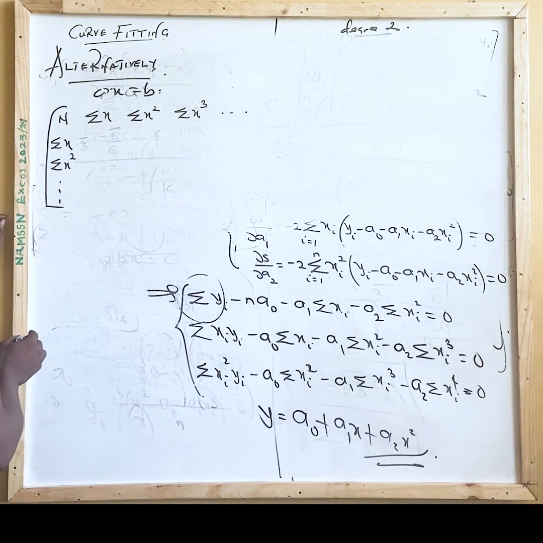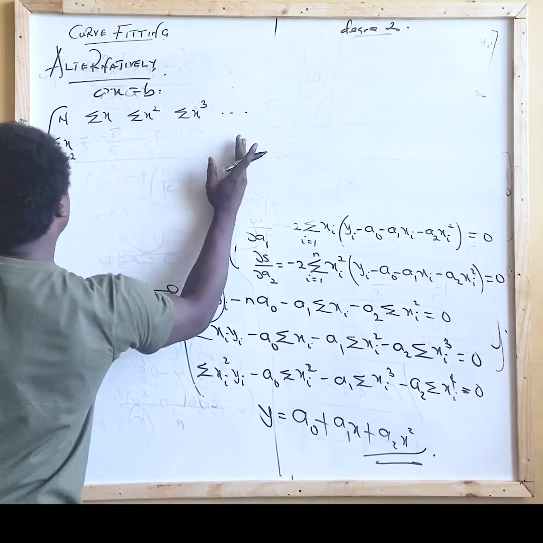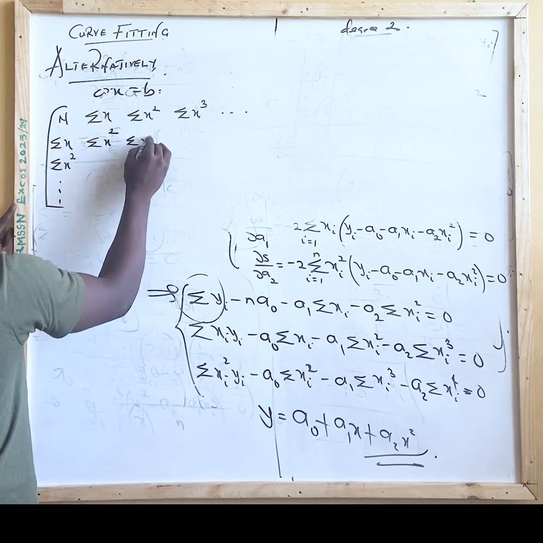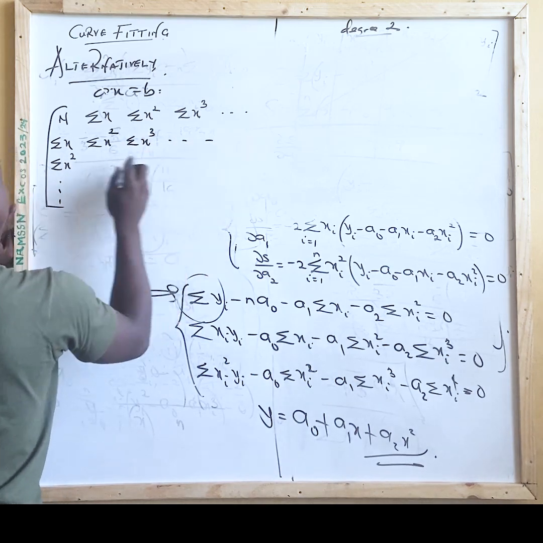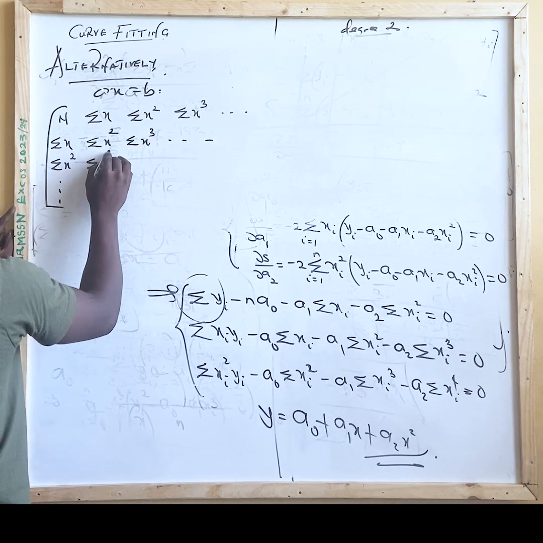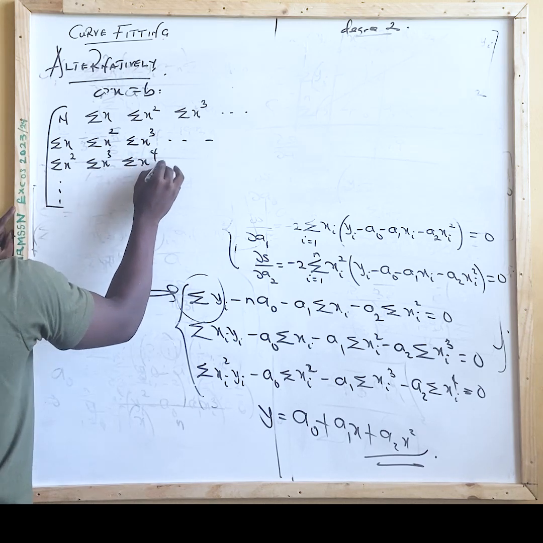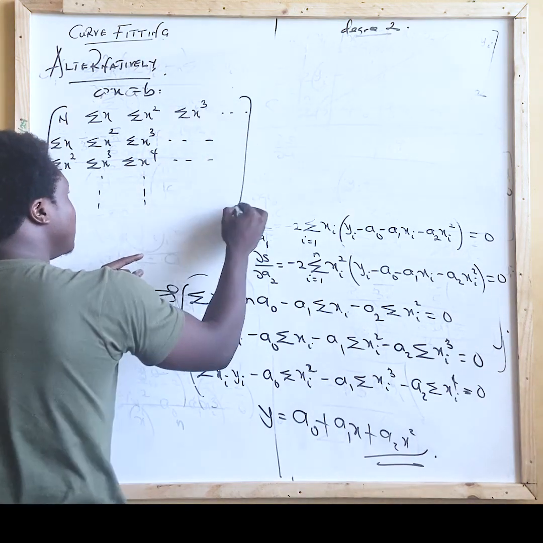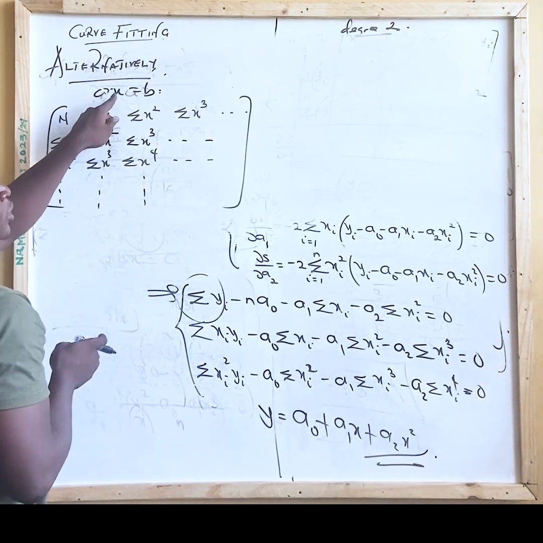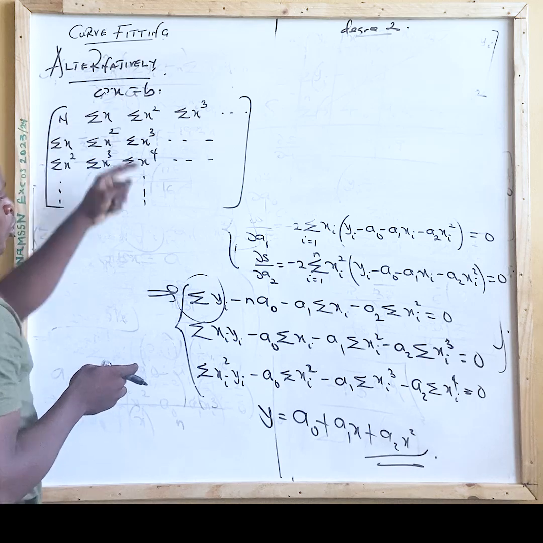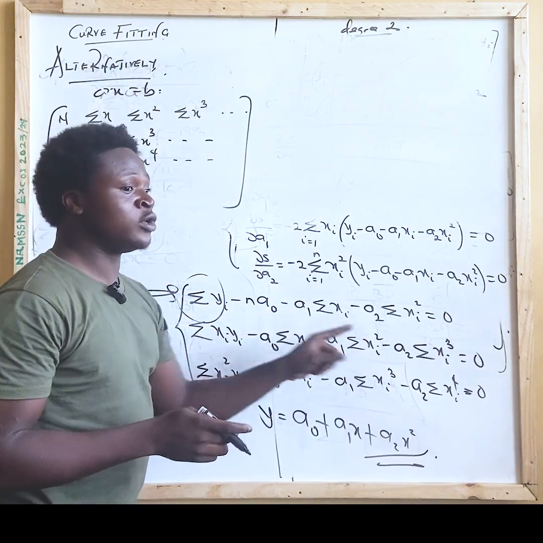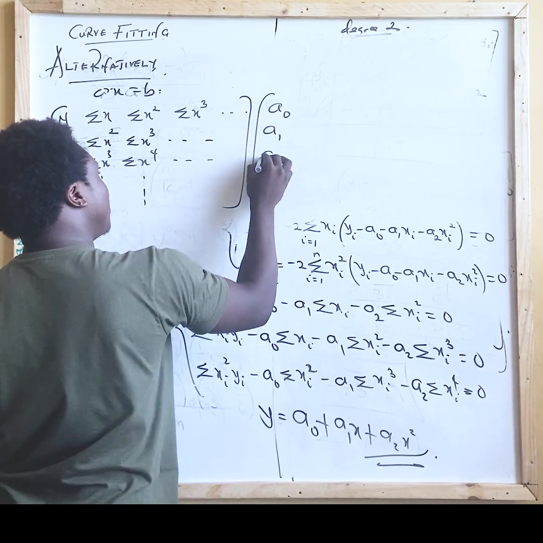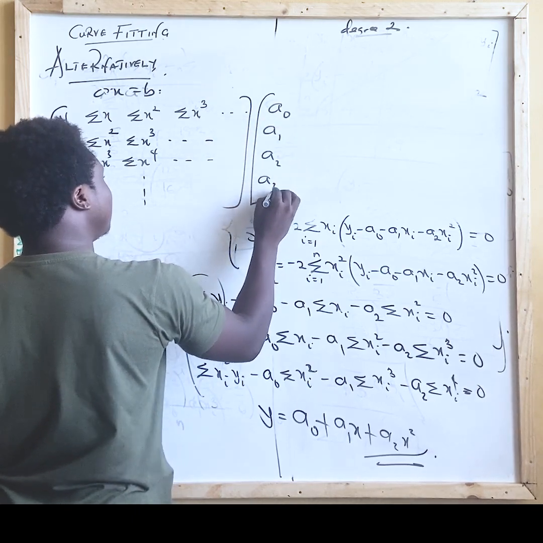So what should we have here to fill it up? Summation x square, summation x cube, and so on. Here, summation x cube, summation x to power 4, and so on. This is our A. Now what are the unknowns here? The a values. So I'll be writing this as a0, a1, a2, a3, and so on.